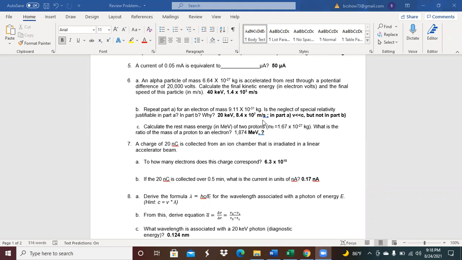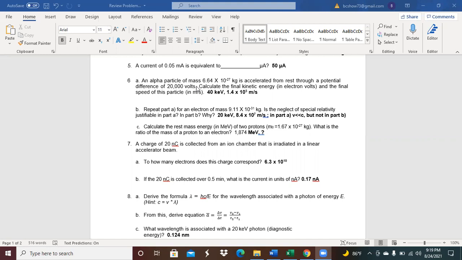All right, so an alpha particle of mass 6.64 times 10 to the minus 27 kilograms is accelerated from rest through a potential difference of 20,000 volts. Now you may go back and look through some of the physics material to figure out that you can accelerate particles through a potential difference.